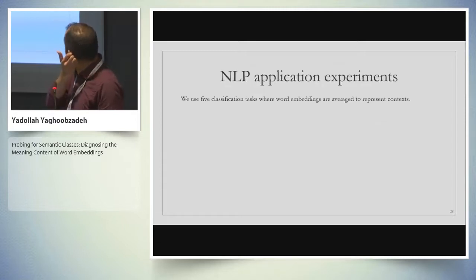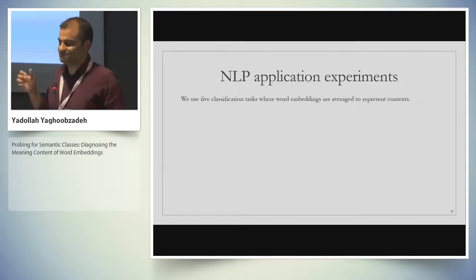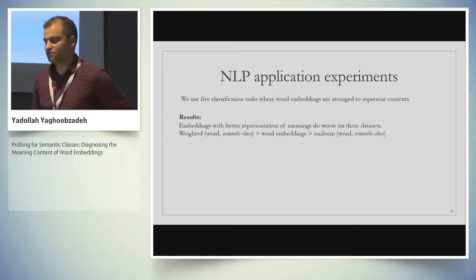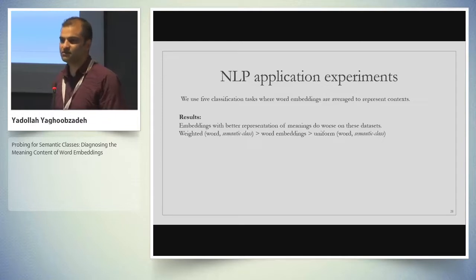To show how these findings reflect in real tasks where words are used in context, we use 5 different classification tasks, and we average the context to represent the sentence, or the span that we want to classify. In general, what we got is actually contradictory with the findings of the probing tasks.